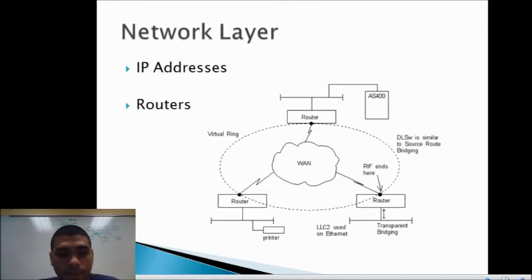It doesn't send again. In the network layer, this is where the IP addresses reside, and this is basically where the router operates, and your IP addresses operate on this level as well.